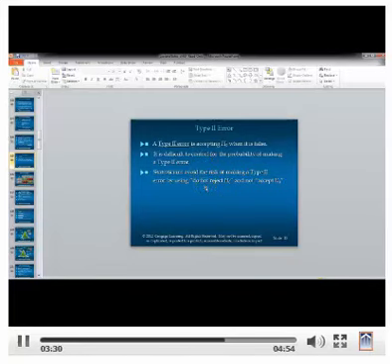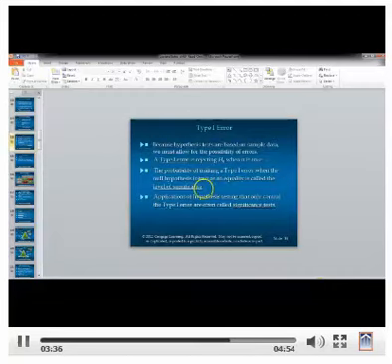Type 1 error is more severe. Now, because type 1 error is more severe, we always want to make sure that we limit the chance of making that mistake. So that is associated with the level of significance.